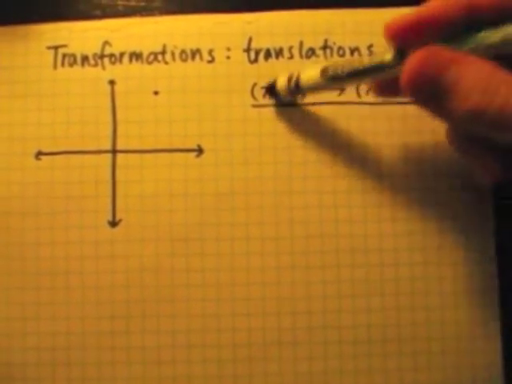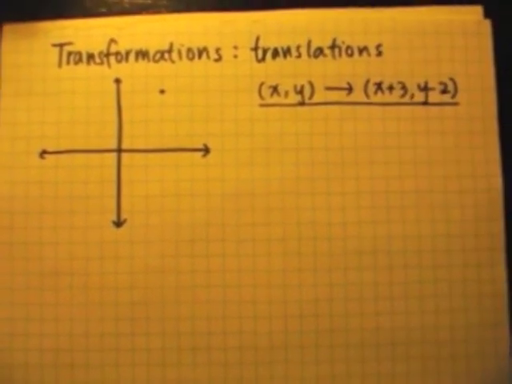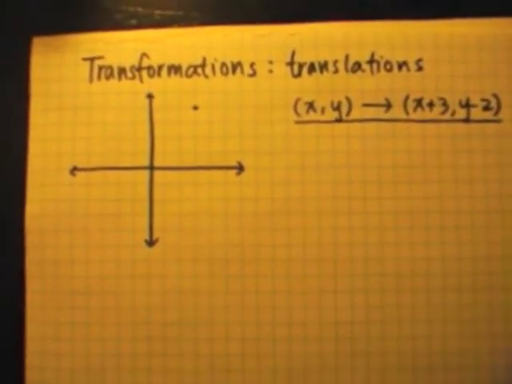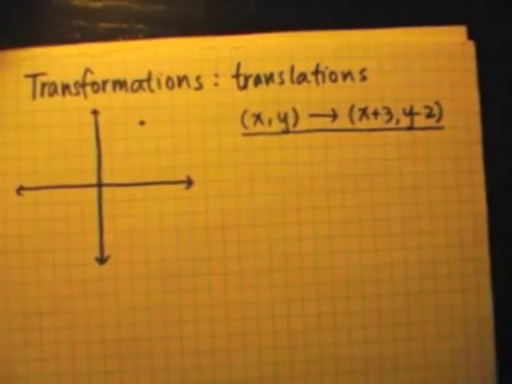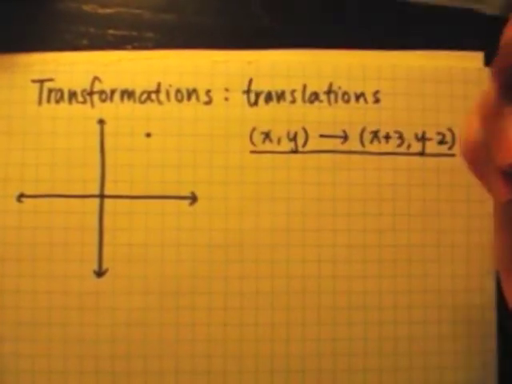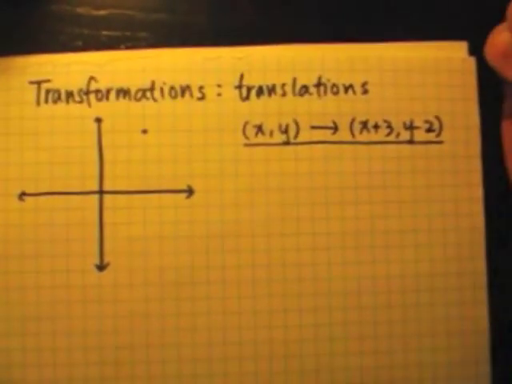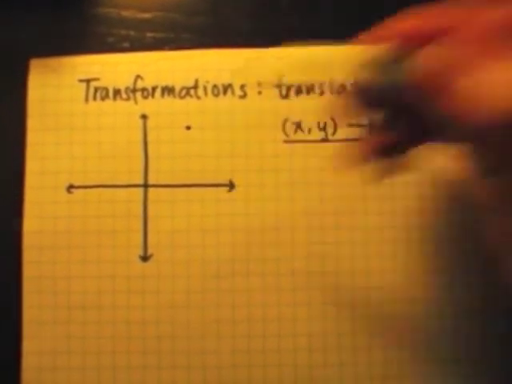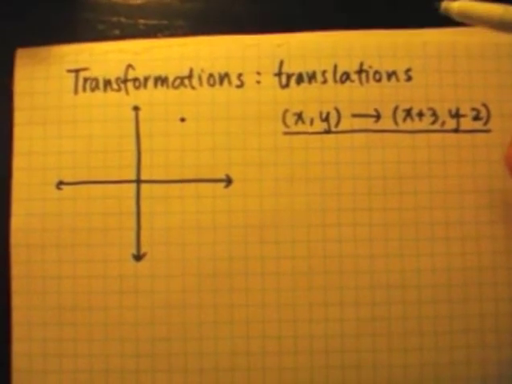In order to apply this rule, we need to find a coordinate. You should be given a coordinate in the problem, either a coordinate that's in some sort of shape, in some sort of graph, or a coordinate that's just written out. In this case, it's a coordinate on a graph. It's not part of a shape.